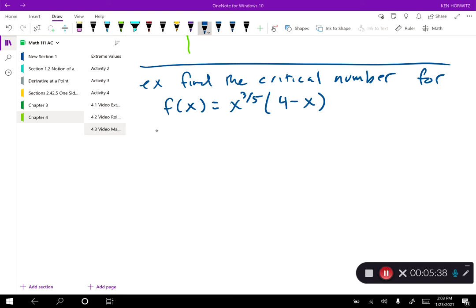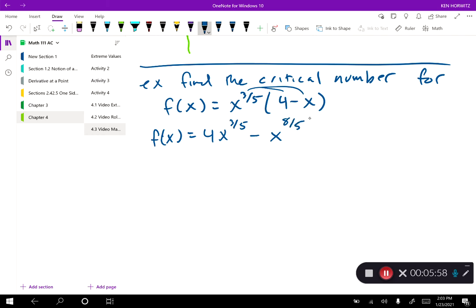All right, so before I do the derivative, I'm going to distribute because I'd rather use the power rule than the product rule. So I have 4x to the 3/5 minus x to the 8/5.